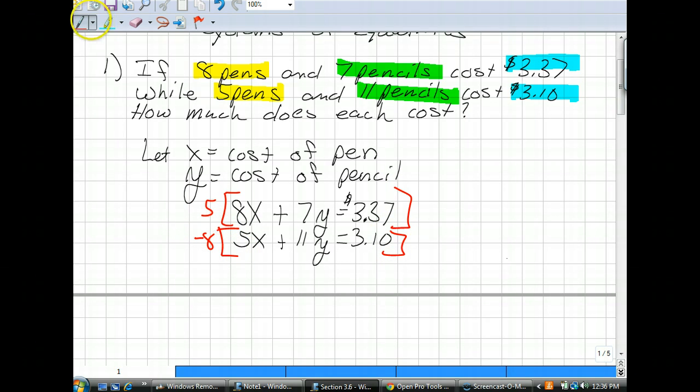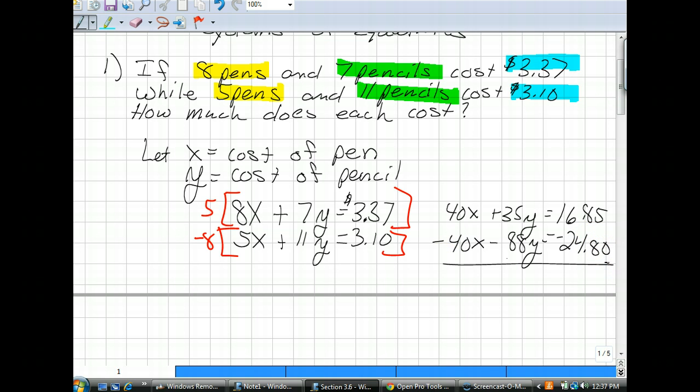And so that's going to give me 40x plus 35y equals $16.85, and -40x minus 88y equals -24.80.